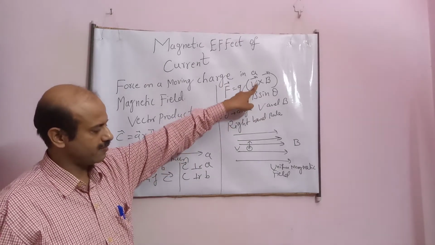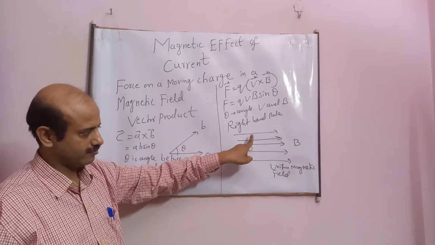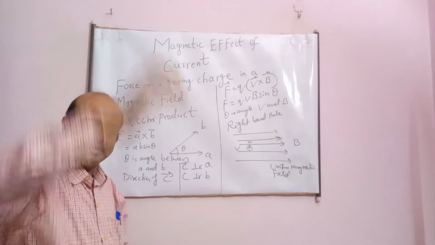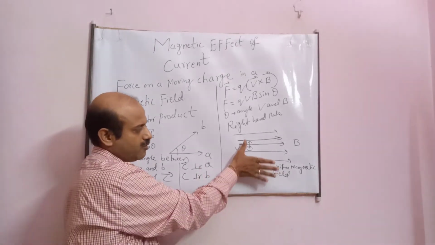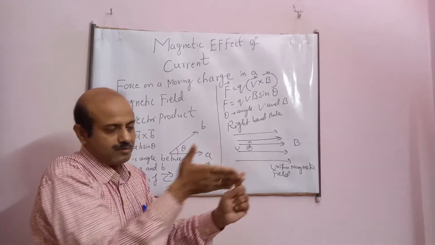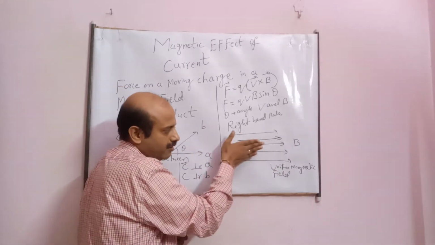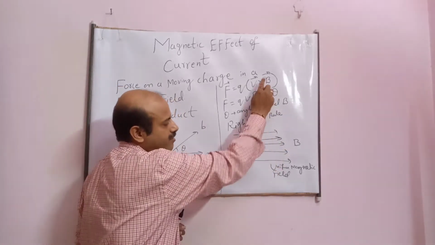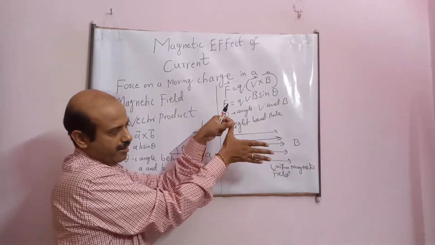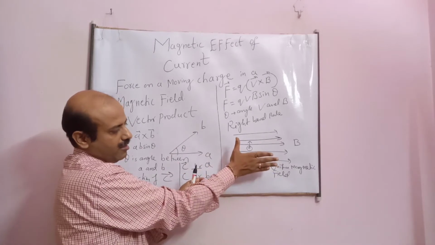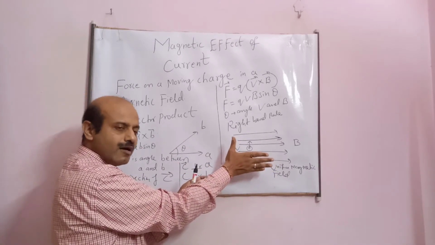See, this is the first vector, student. I am using the second rule. I am placing my thumb along the first vector, student, and this should point along the second vector. The second vector is B. So see how I am placing the hand, student. First vector, second vector. Now on which side is the perpendicular to the palm upwards?